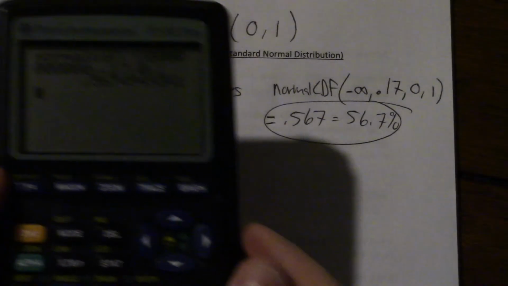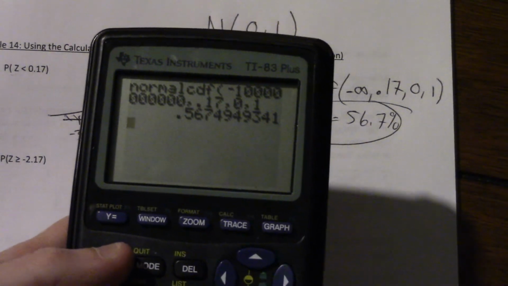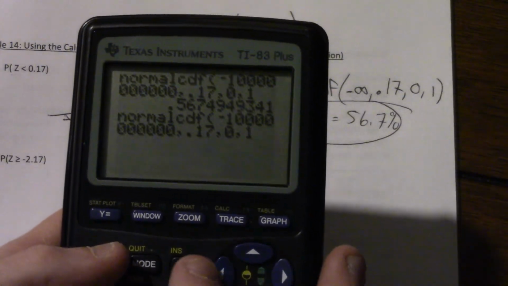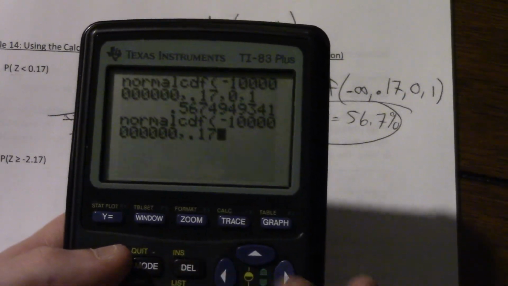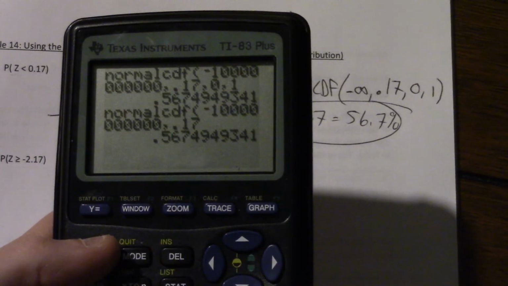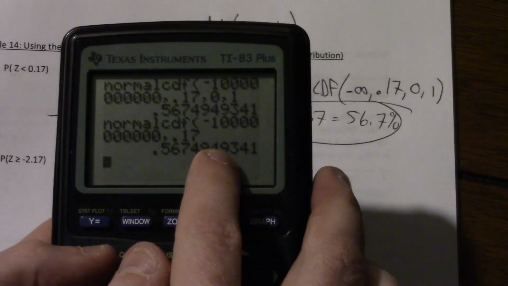So a cautionary note, or maybe something you can use to your advantage, up to you. What would happen if you leave off the mean and the standard deviation from these functions? Well, as you can see, in this case, you'll get the same answer.